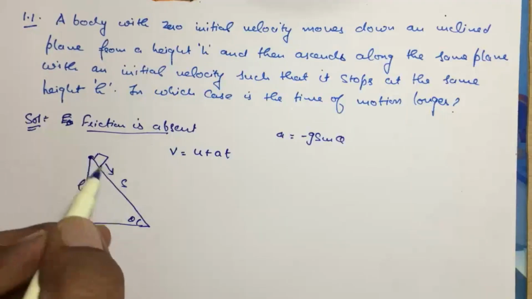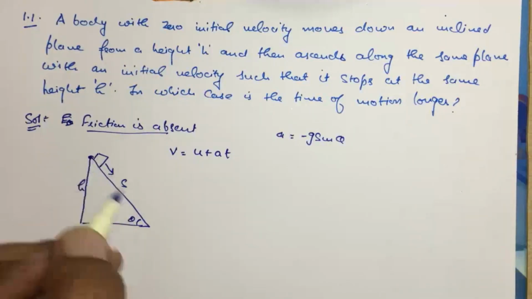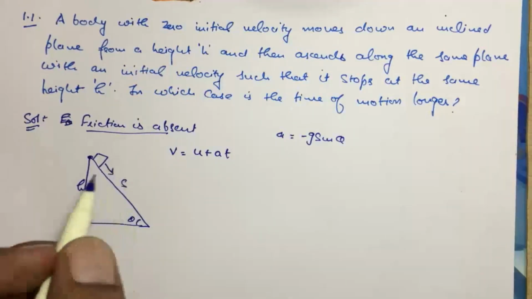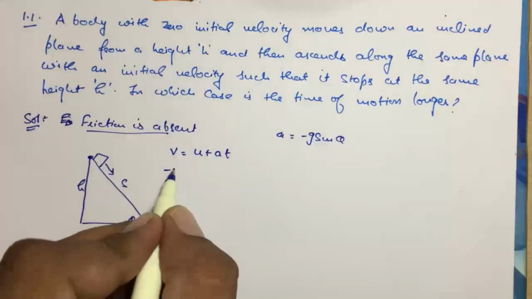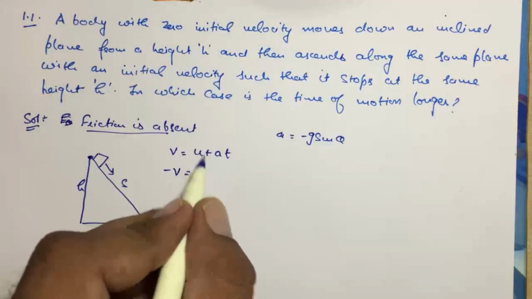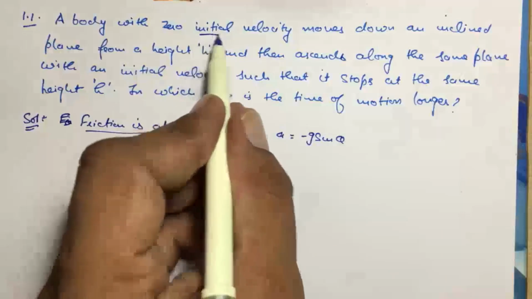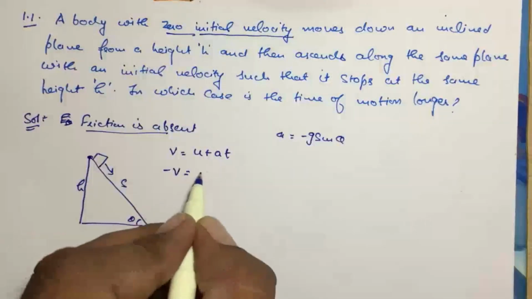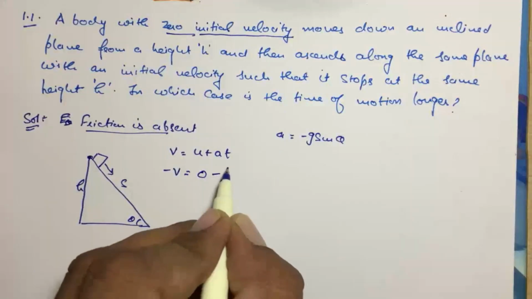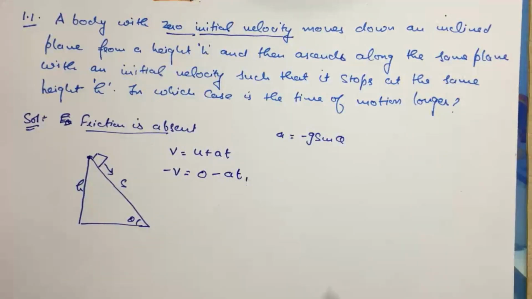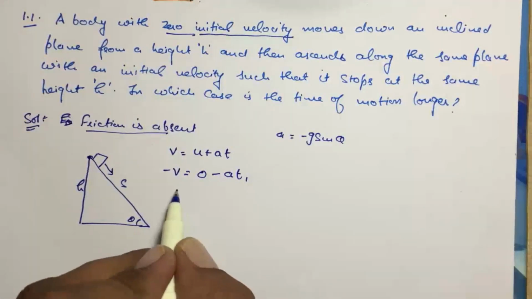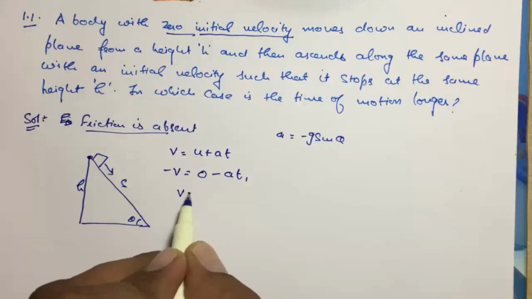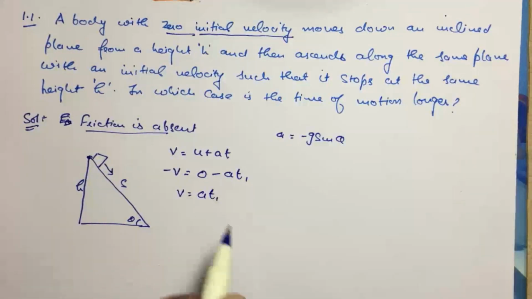So we are moving down, acceleration is down, so negative, and the final velocity is negative, so minus v. The initial velocity is zero, so it is moving down with zero initial velocity, and with acceleration taken as negative and time say t1, we get v is equal to a t1.